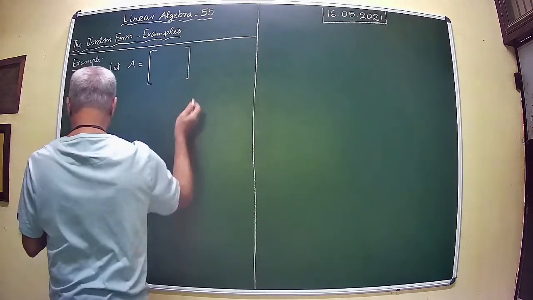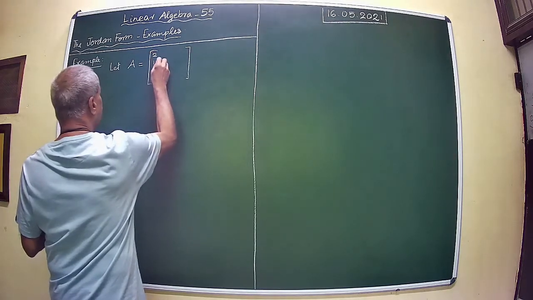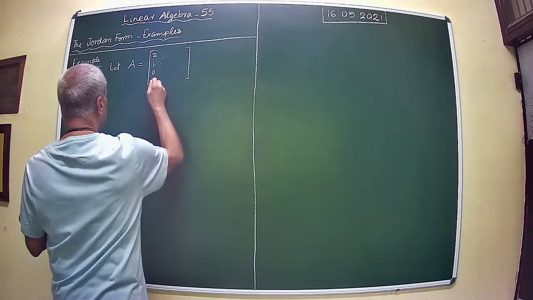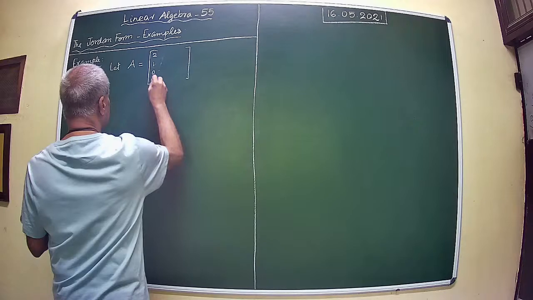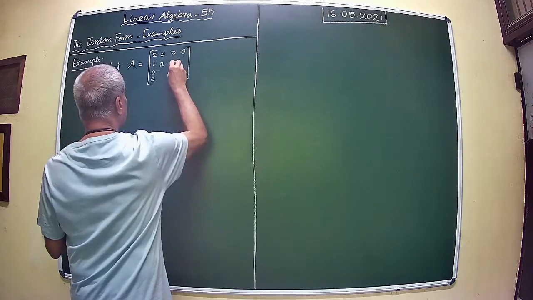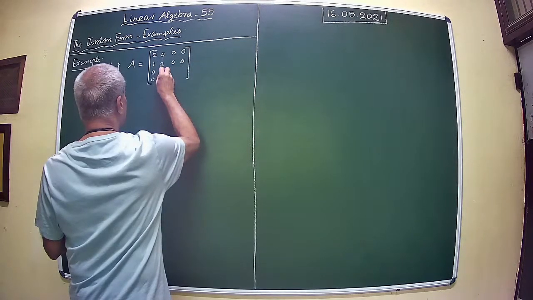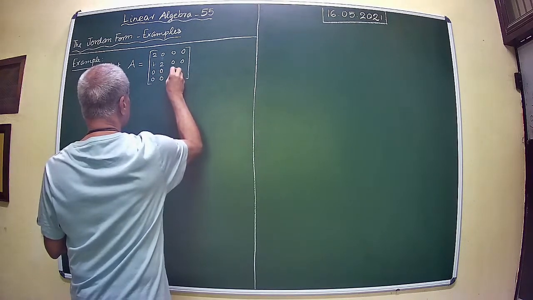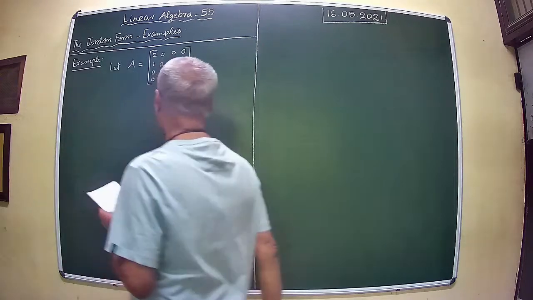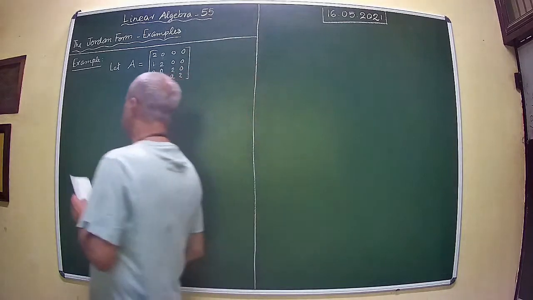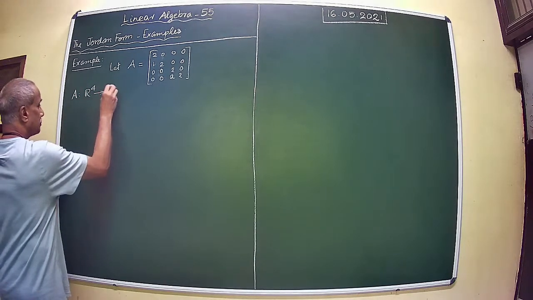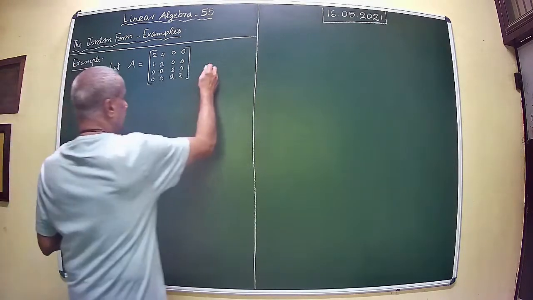given by a 4 by 4 matrix which is of the form 2 1 2 1 0 0 then 0 2, with a parameter A. Now consider A as an operator from R4 to R4.